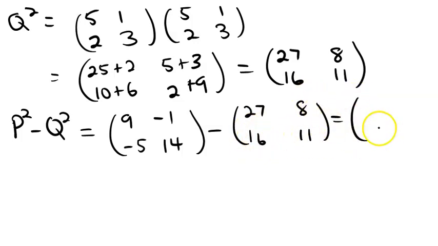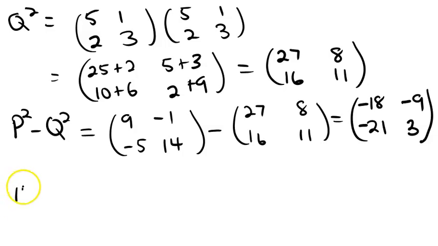When we subtract, we get 9 minus 27, that is minus 18, minus 1 minus 8, minus 9. Then minus 5 minus 16, that's minus 21, and 14 minus 11, which is 3. So that is the difference.